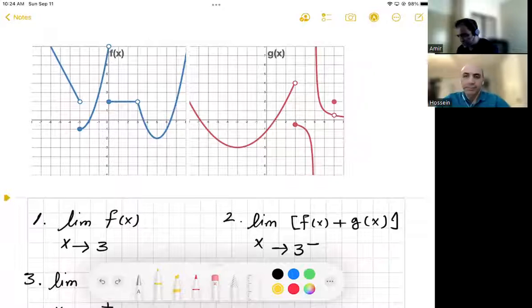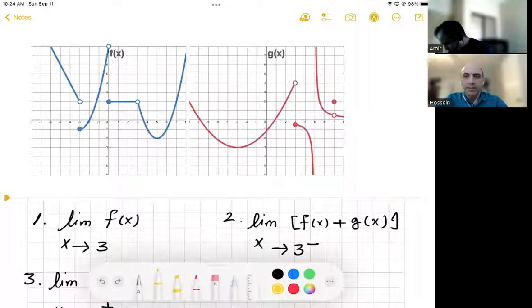For example, f of x is connected, we shouldn't say continuous, but at least connected, because f of x at 3 does not exist, but it's connected somehow. But g of x at the right side is completely disconnected. In mathematics, we call it discontinuous.